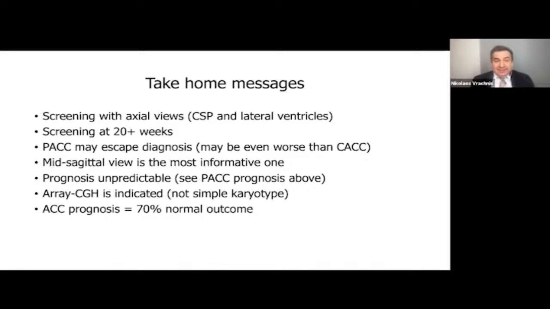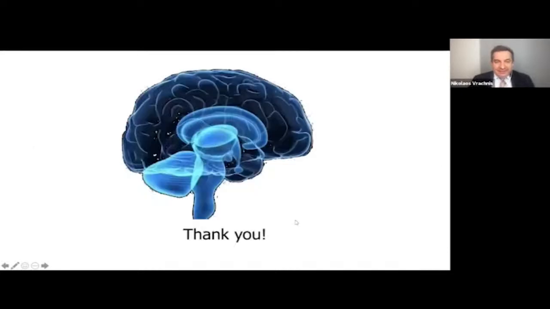Mid-sagittal view is the most informative one, and we described the findings. The prognosis is unpredictable. An array CGH is indicated in all these cases, and we have to remember the agenesis of corpus callosum prognosis can have a normal outcome in 70% of the cases.